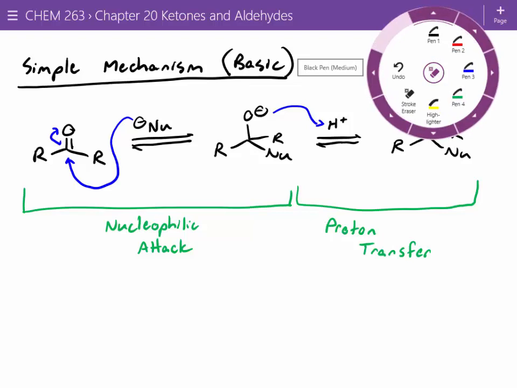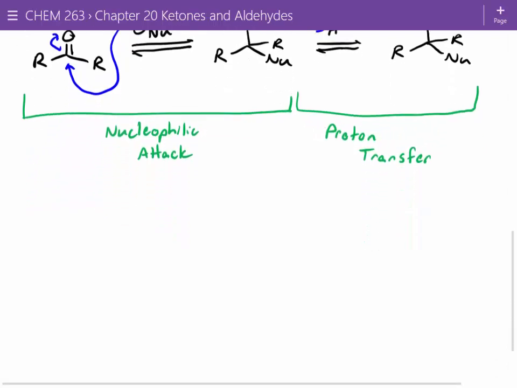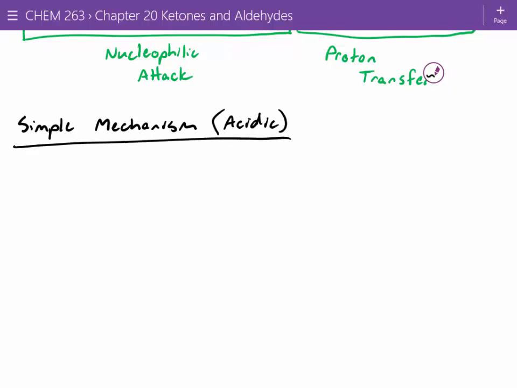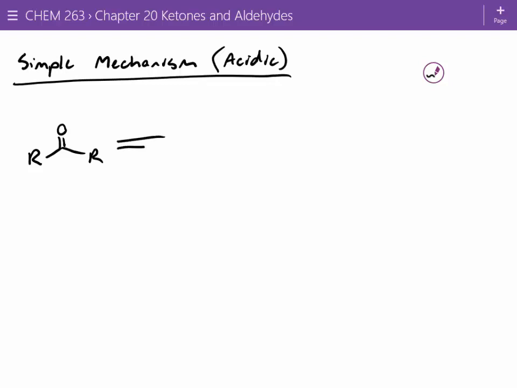Oop. All right, so now let's take a look at the simple mechanism, but under acidic conditions. All right, so the first step in an acidic mechanism is you still have your ketone, but the fastest reaction in chemistry is what?